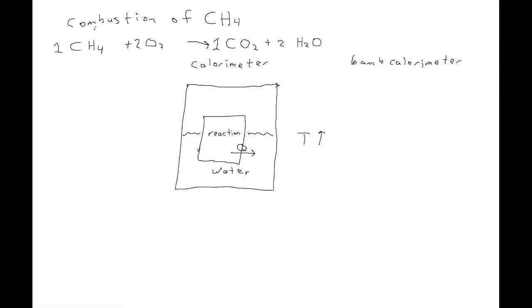Remember when we were talking about specific heat, we had an equation that allowed us to use the specific heat to find the amount of heat. Do you remember what's the equation that links specific heat and heat?